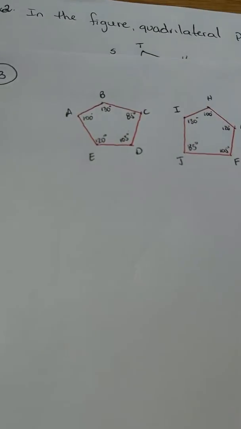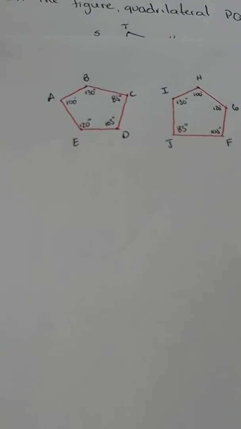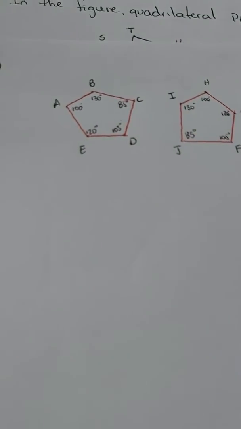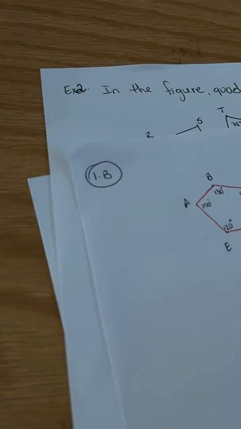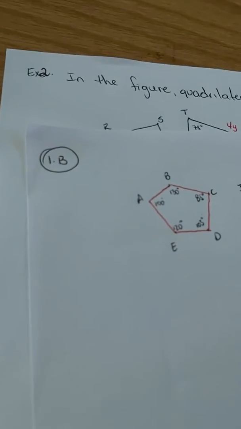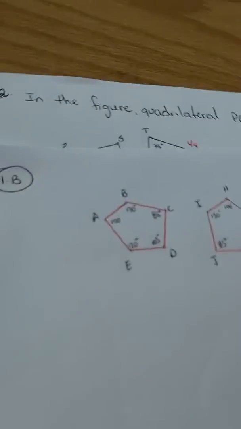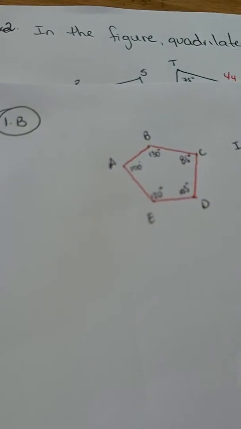So we're going to assume that in both polygons, their corresponding sides are congruent. So in this, our congruent statement will be defined just by their angles. So I'm going to call this pentagon A, B, C, D, E.